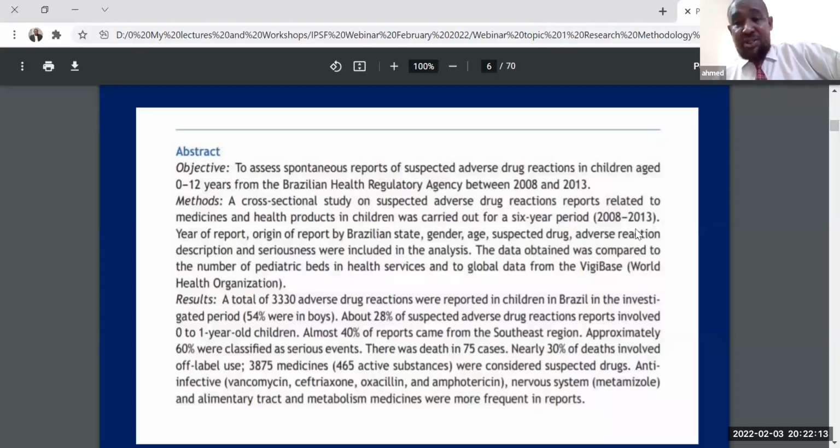But here, because all subjects included in the study were presented during this period, 2008 to 2013, and every unit is measured or observed once, it is still cross-sectional.